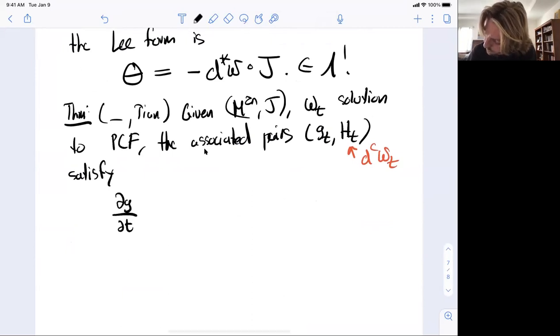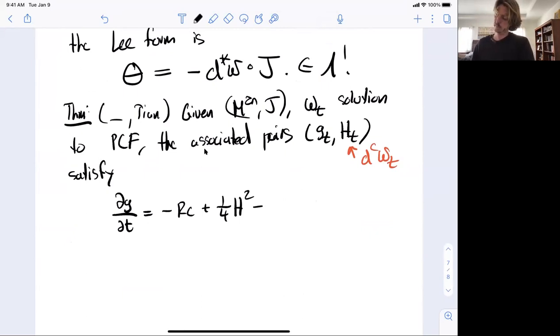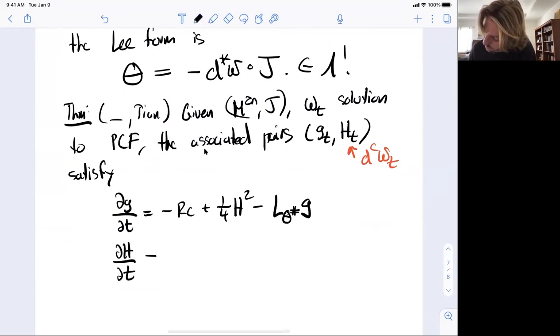So dG/dt is minus Ricci plus 1/4 H squared, minus the Lie derivative with respect to the Lie vector field of G, and dH/dt is minus d star with respect to G of H minus the interior product of theta sharp with H.